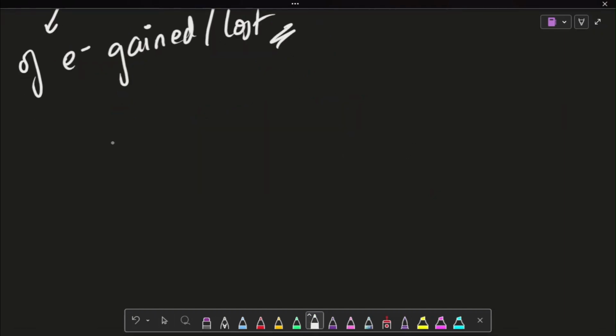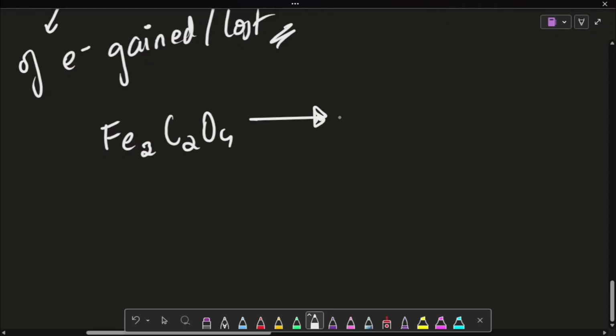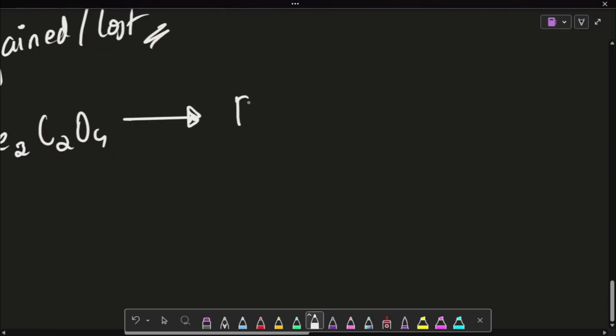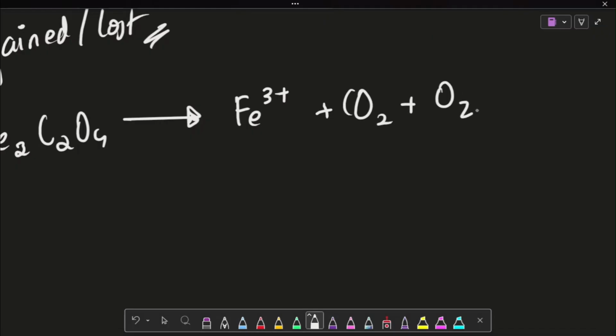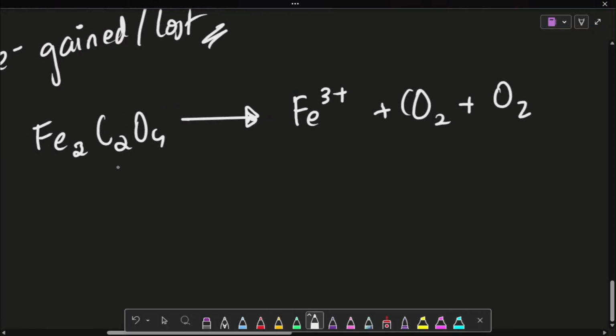So if I were to take Fe2C2O4, that would give you Fe3 plus, CO2 plus O2.